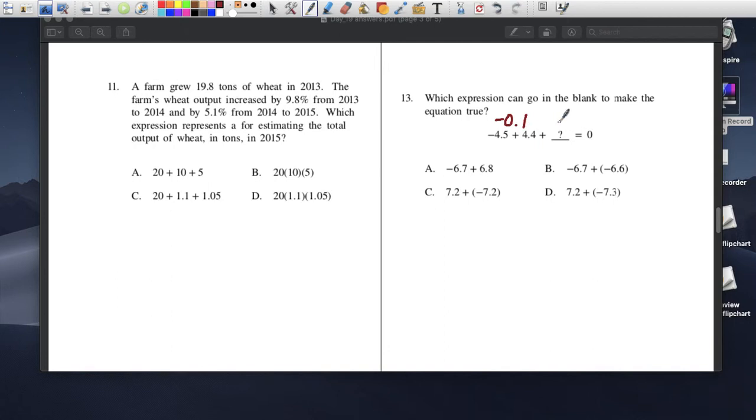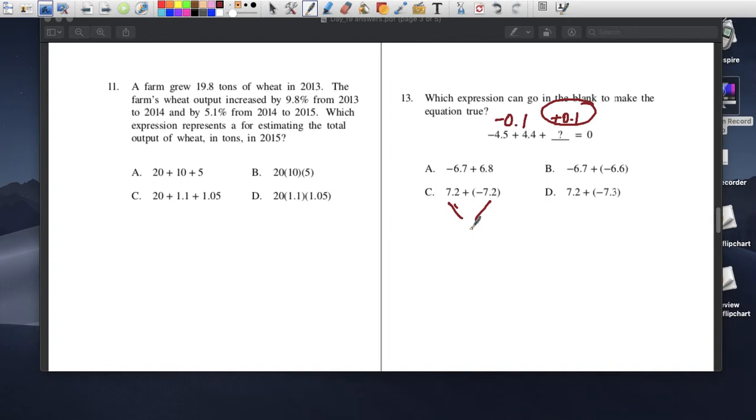So you need to put something in here. It's going to be positive 0.1, because both of these have to be opposite, right? So adding these two will result in 0. So you're looking at A, B, and C for something that's going to equal positive 0.1.